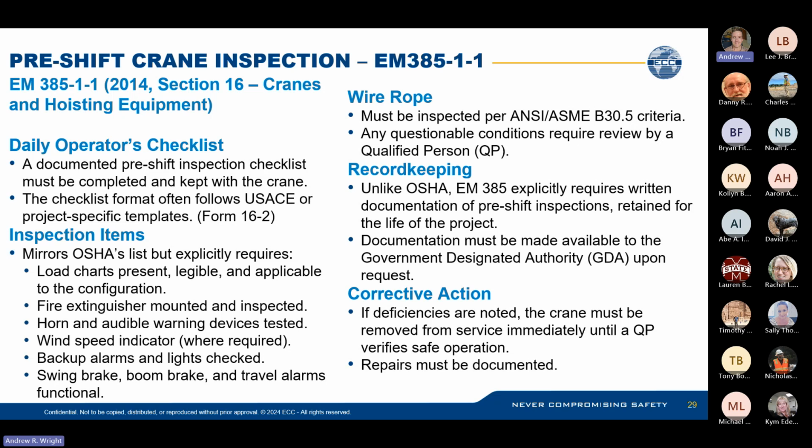Record keeping: unlike OSHA, EM 385 explicitly requires written documentation of pre-shift inspections retained for the life of the project. Documentation must be made available to the Government Designated Authority, or GDA, upon request. Corrective actions: if there's deficiencies noted, the crane must be removed from service immediately until a QP verifies its safe operation, and all repairs must be documented.